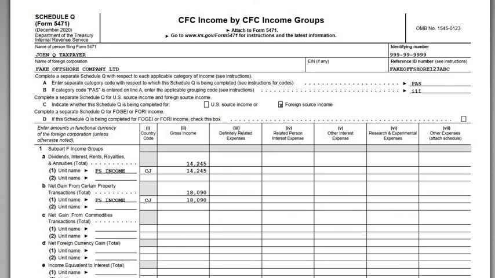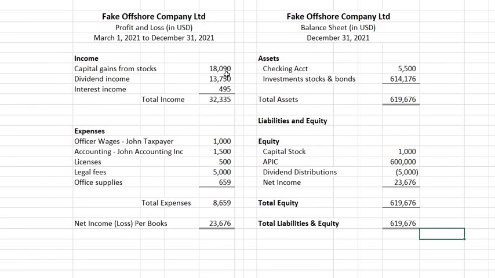So in this example, if we look at our financial statements, you'll note here that net income or loss per books has gross income, there's a foreign personal holding company income, and a variety of expenses here, but none of which are income taxes. So there's no foreign taxes being paid at this company level.